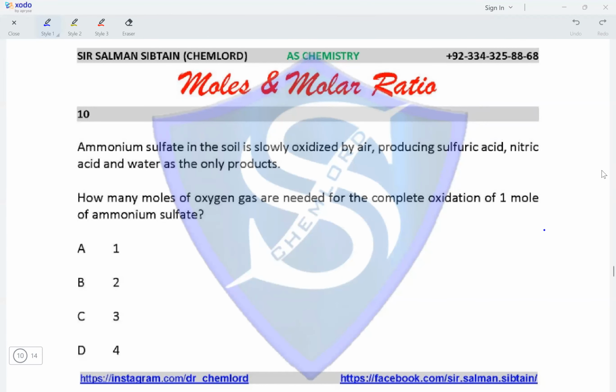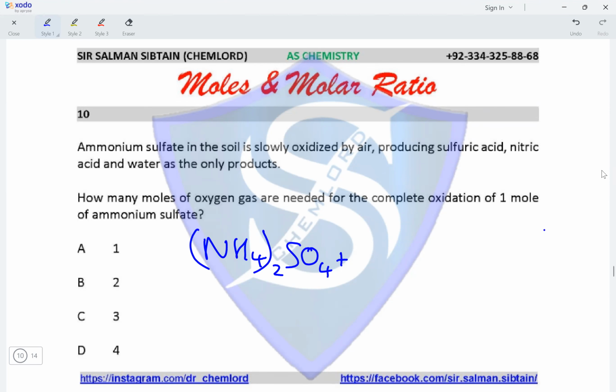Question 10. Ammonium sulfate in the soil is slowly oxidized by air, producing sulfuric acid, nitric acid, and water as the only products. How many moles of oxygen gas are needed for the complete oxidation of 1 mole of ammonium sulfate? So the formula of ammonium sulfate is (NH4)2SO4.